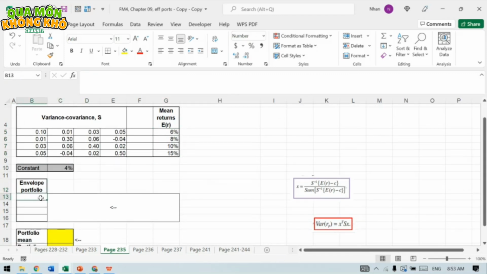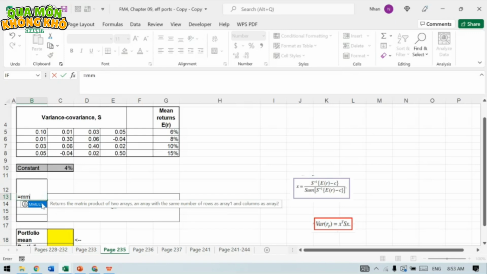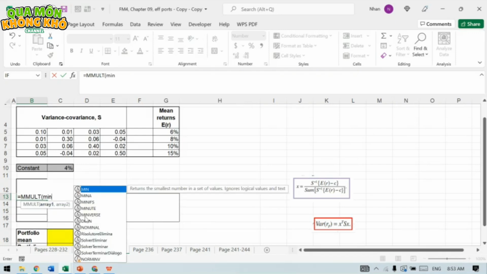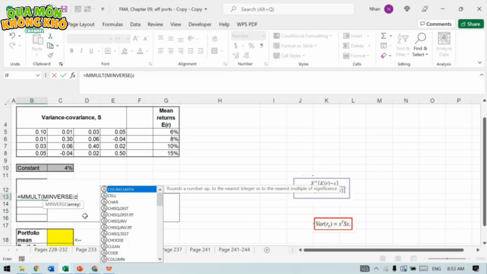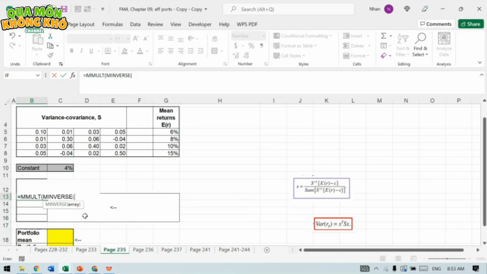I will calculate again the envelope portfolio by using one-step calculation. It's equal to inverse. So now you can see var cov.